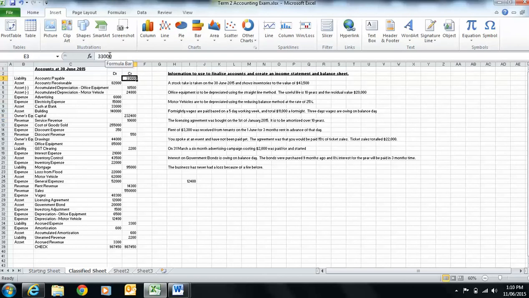I had that on the wrong side. So service revenue, we increased service revenue, and we had a bunch of accrued revenue. We're going to have to pop in a few more rows.